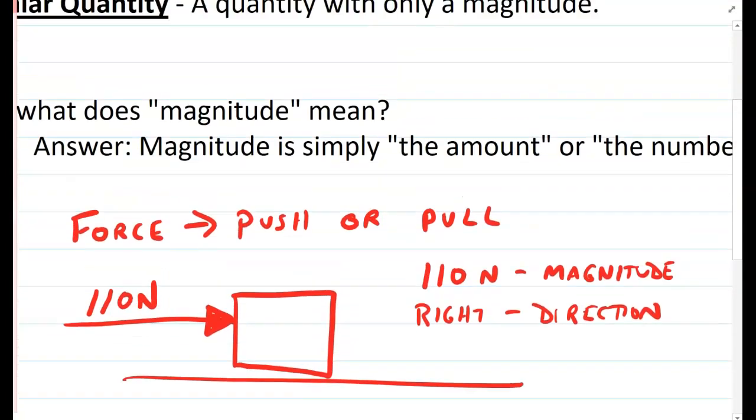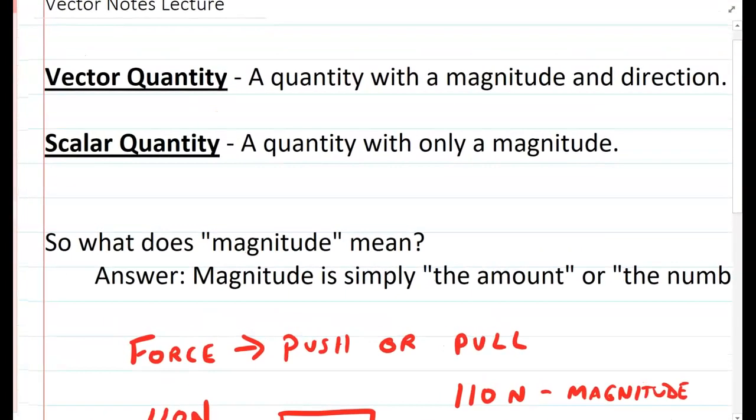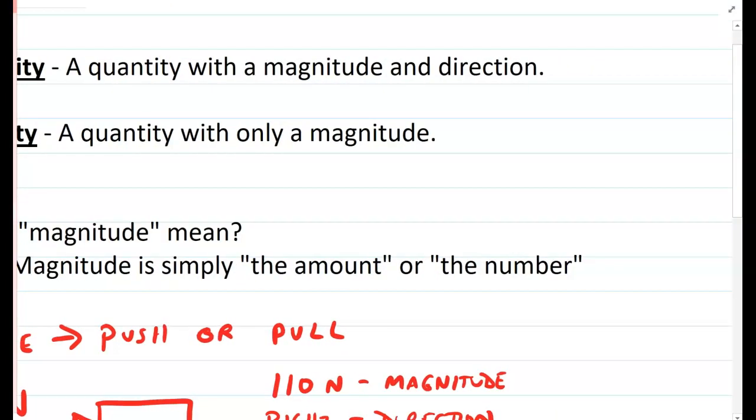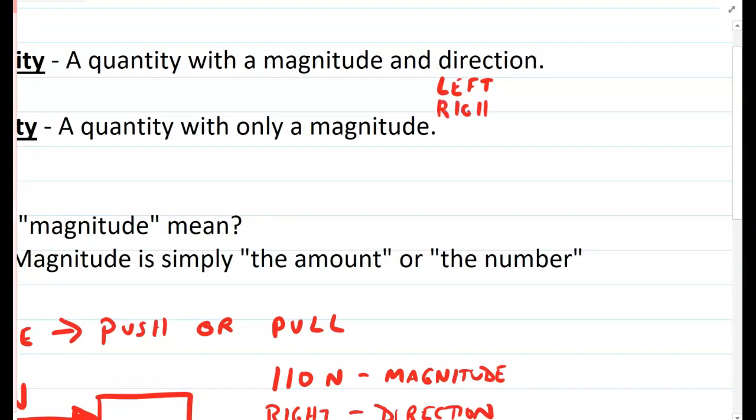So let's go back to this definition of a vector quantity. A vector quantity are quantities that have a physical direction associated with them. So direction means like left, right, up, down, north, south, east, west, in, out.